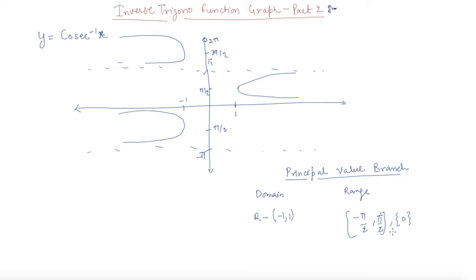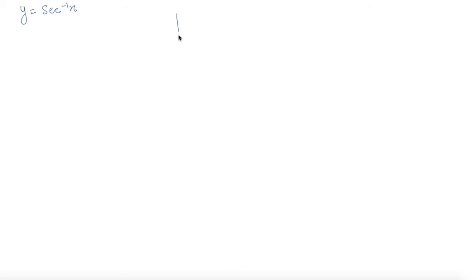Now let's discuss secant inverse x. So students, now we will discuss y is equals to secant inverse of x. So this is x dash, y dash. So the plot of y is equals to secant inverse x is somewhat similar to cosecant.